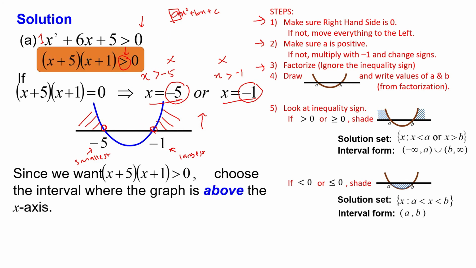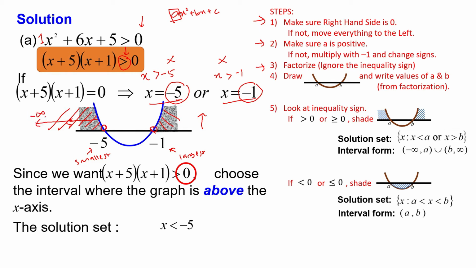Then how to write the final answer? The solution set will be written as x less than -5. Why is it x less than -5? Because the shaded region is to the left, and on the left is -infinity. So that's why we have x less than -5. If we write a line here, see this x is going to the left of -5.